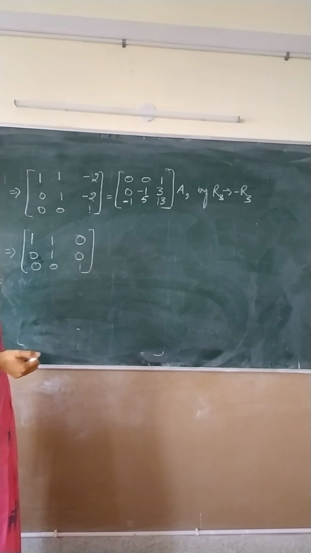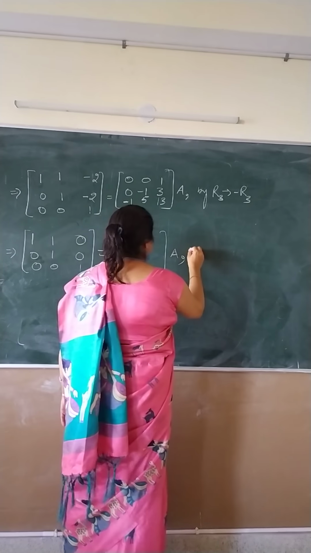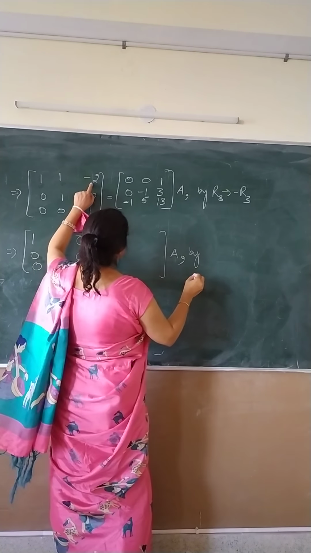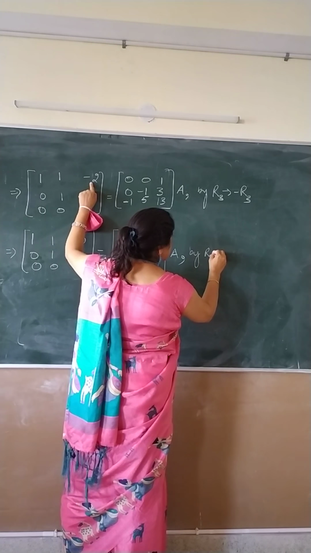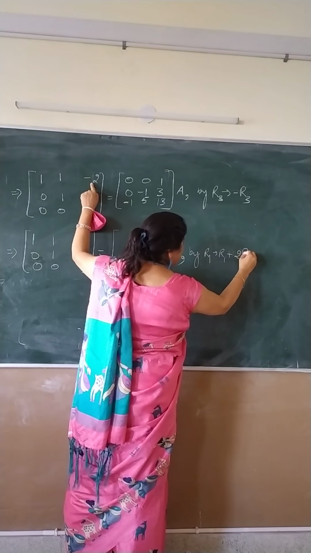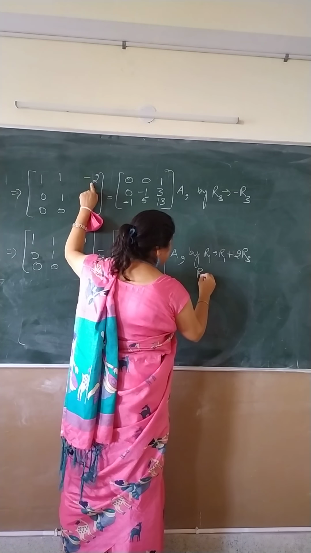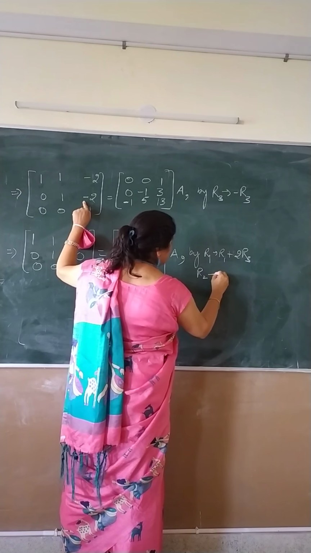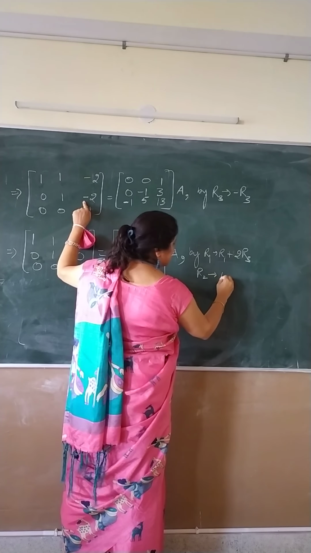Now this is equal to, students, we have applied which operation? We have applied on R1 plus 2 R3. We have applied an operation on R2. Which operation? R2 plus 2 R3.